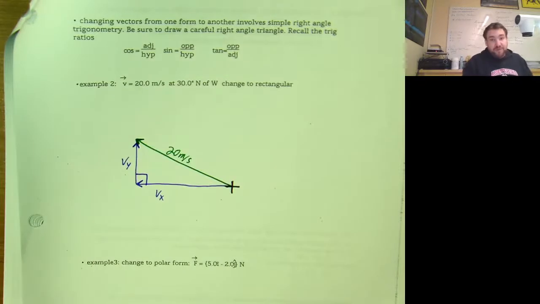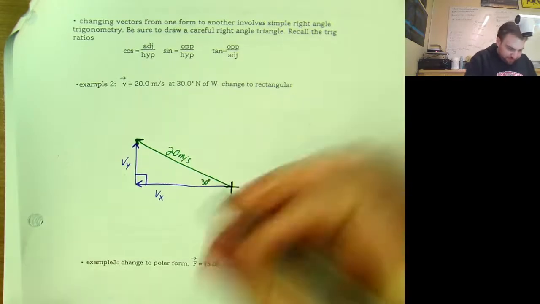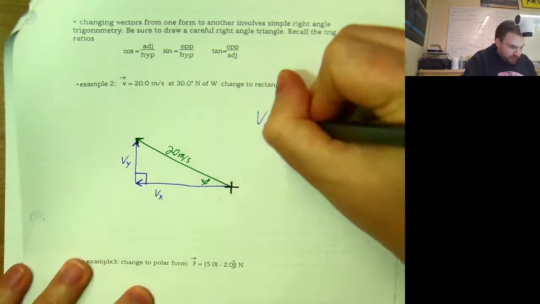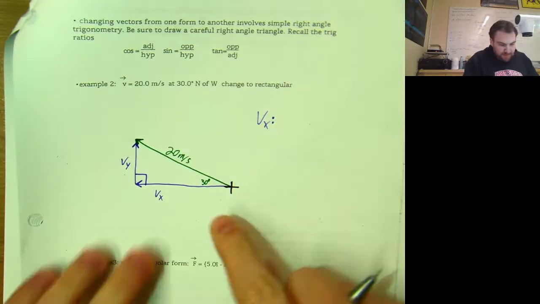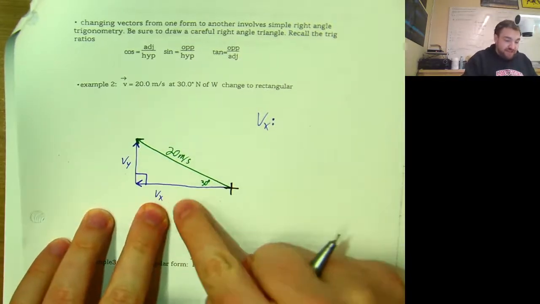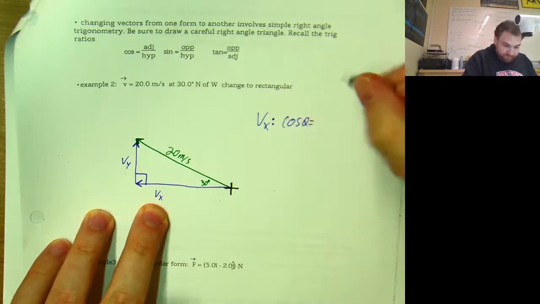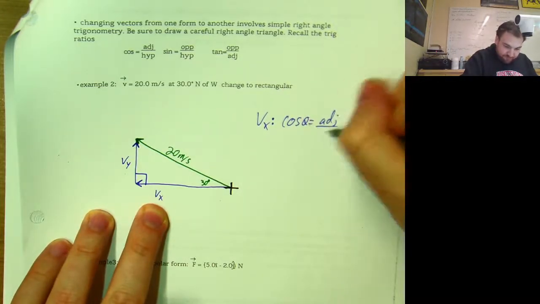My x and y components, or my I hat and j hat components, are always perpendicular to each other. We know that this guy right here is 30 degrees. So just long form, if I want Vx, that's adjacent, that's hypotenuse. So cos theta equals adjacent over hypotenuse.